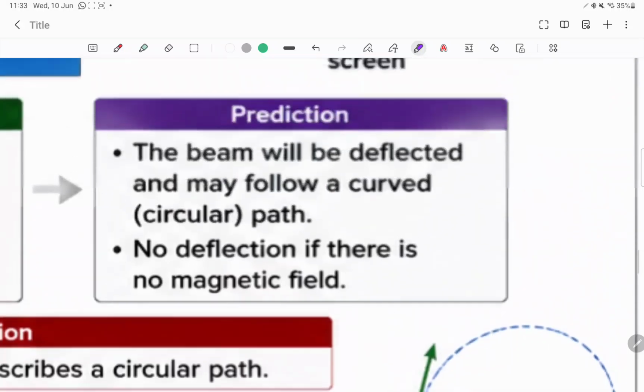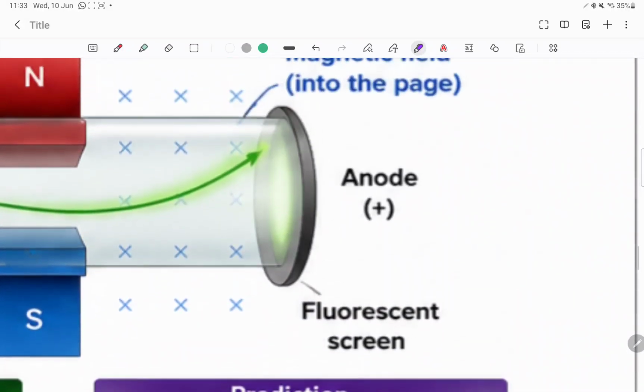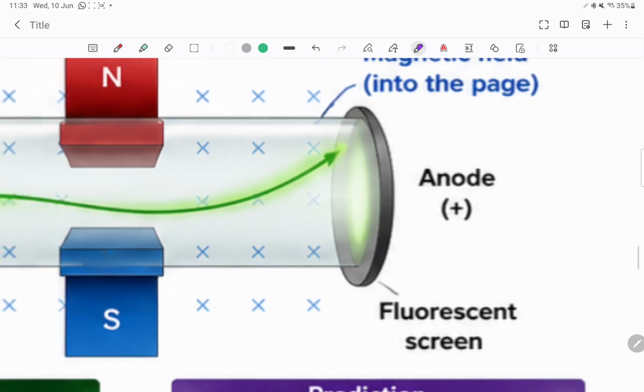Look, in our case also it is curved here. Why is it curved? Before the field is applied, the path is not changed; they travel in a straight line, but when the magnetic field is applied, it is curved. Because of the magnetic force it is curved.